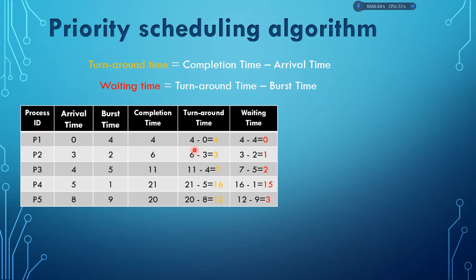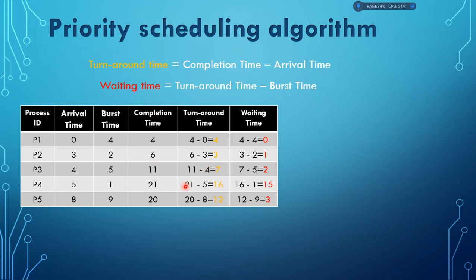Next, P2 has the completion time of 6 and arrival time of 3. Using the formula again, 6 minus 3 is equal to 3. P3 has completion time 11 and arrival time 4; 11 minus 4 is 7.